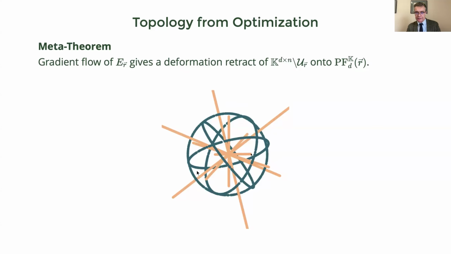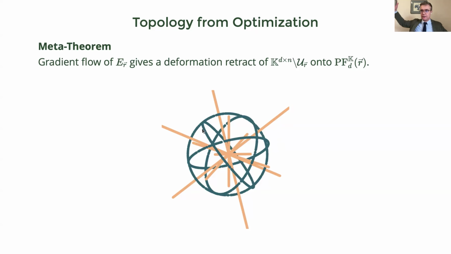And so you see that the space you end up with is in fact connected. Why? Because it's a deformation retract of the complement of these lines in space. And of course, the complement of a bunch of lines in R3 is connected. It's not simply connected, but it is connected, and that's what you see here.